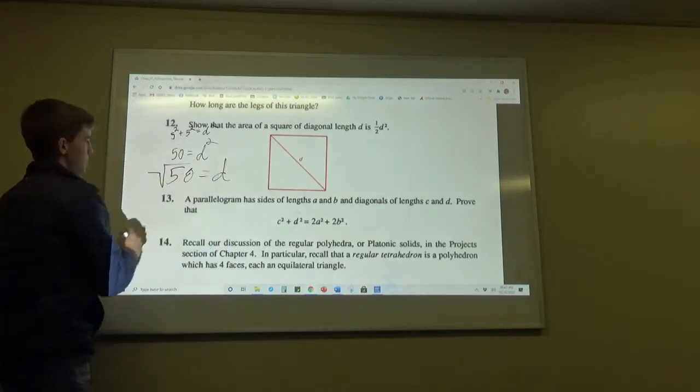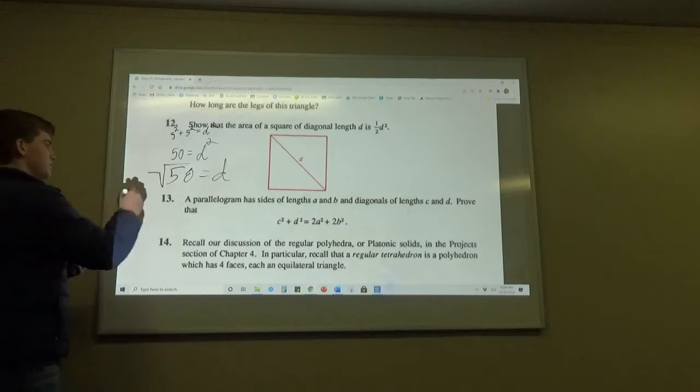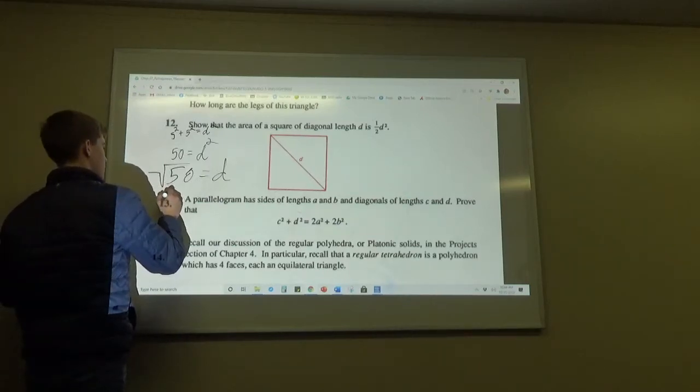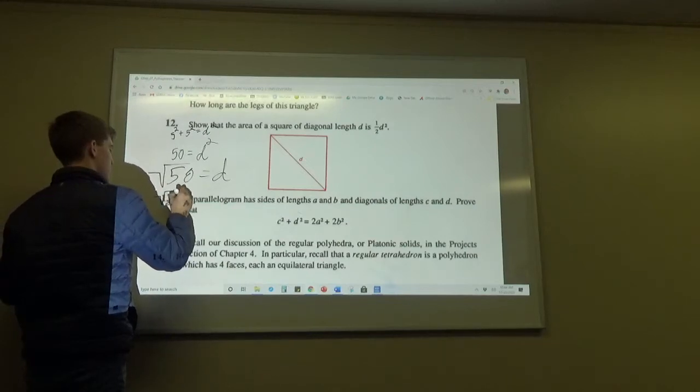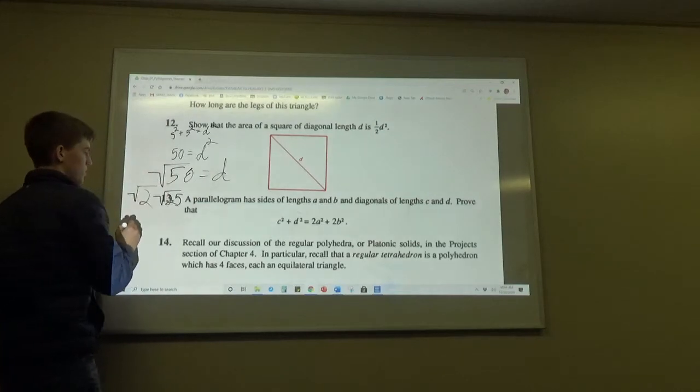All right, now, everybody agree with that so far? Okay, now, is there a perfect square in 50? Yes, 5 times 5. So that's 5 times 5 times 2, right? So break the square root of 50 into the square root of 25 times the square root of 2, equals d.